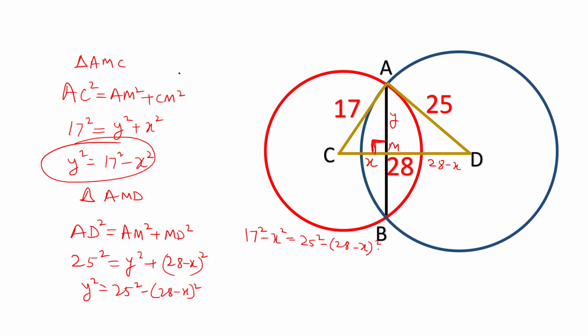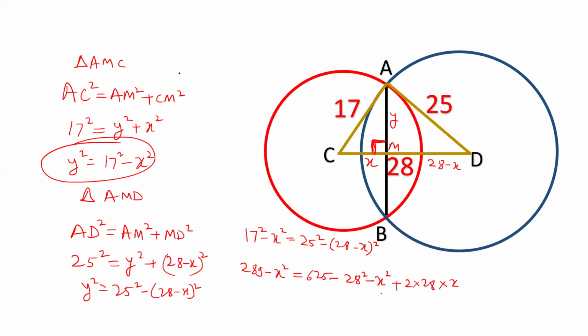Now, applying (a minus b) whole square, 17 square is 289, minus x square. 25 square is 625. Now (a minus b) whole square is a square minus 2ab plus b square, but there is a minus sign outside, so this will be minus 28 square minus x square plus 2 into 28 into x.